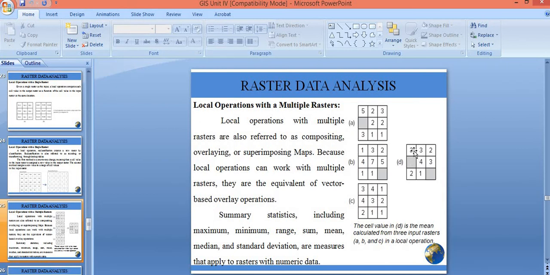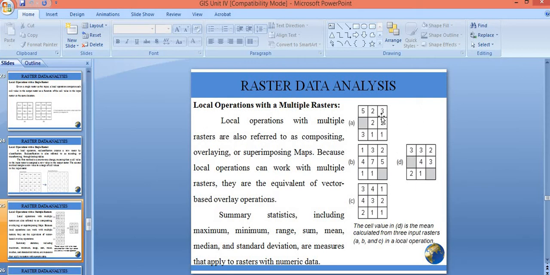Say for example, in the output layer you have 3. How did you get 3? Let us call this cell the 0th cell. In the 0th cell of layer A you have 5, in the 0th cell of B you have 1, and in the 0th cell of C you have 3. So the average of these 3 cells is what? 3.